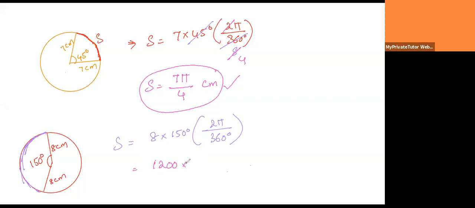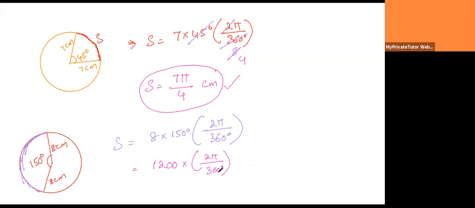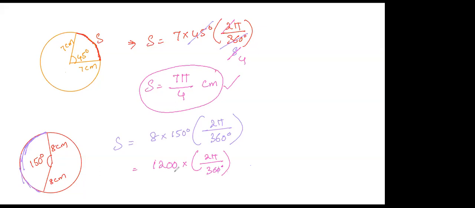I hope so. So I just multiplied 150. 15 times 8 is 120, so 1200. Then what can we do? We can cancel out 10. And please check 1200 with 360, whether we get something.